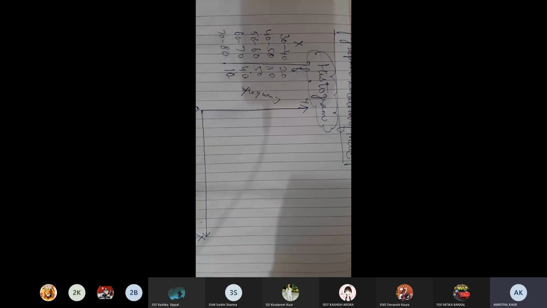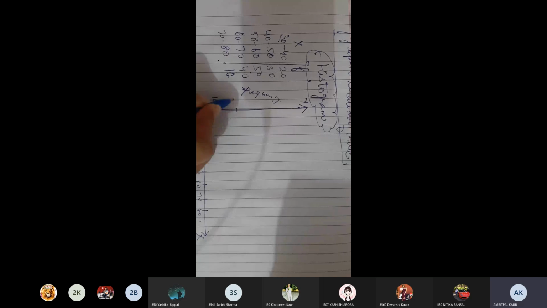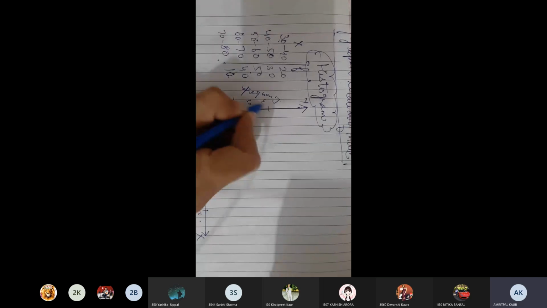X is from 30 to 40, so an interval of 10 can be taken: 10, 20, 30, 40, 50, 60, 70, then 80. Values of frequency range from 10 to 50, so on this side also we can take a difference of 10: 10, 20, 30, 40 and 50.